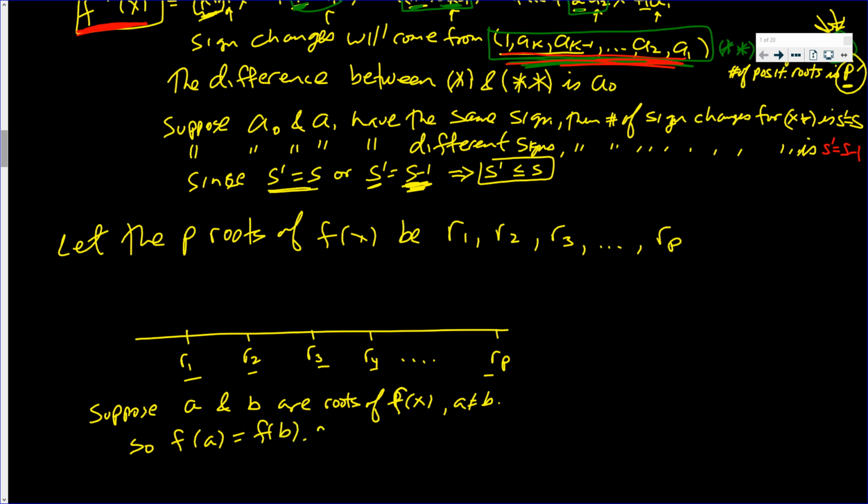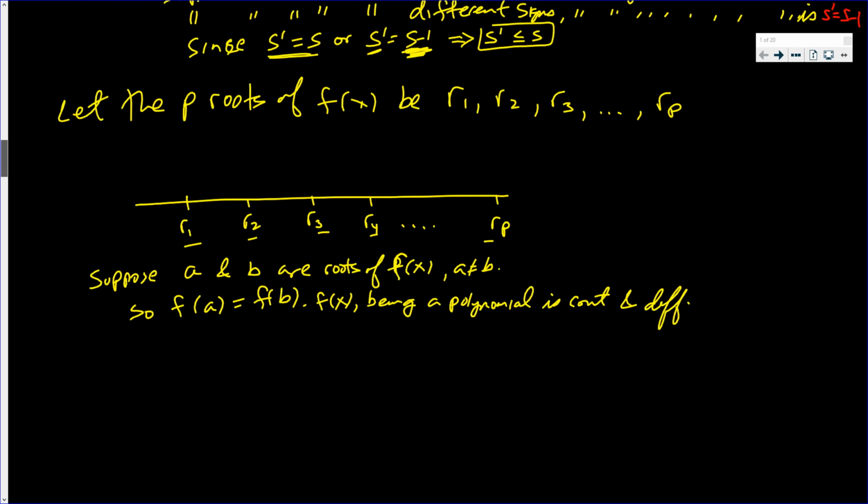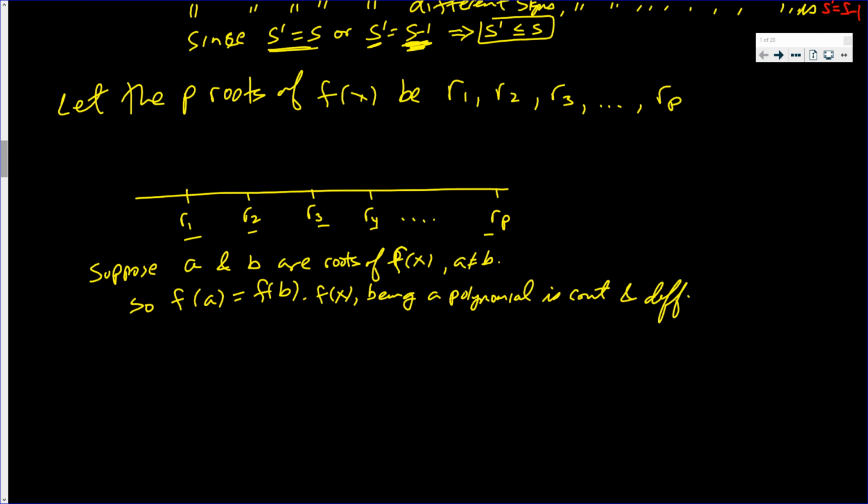And f of x, being a polynomial, is continuous and differentiable on the correct domains. Okay.